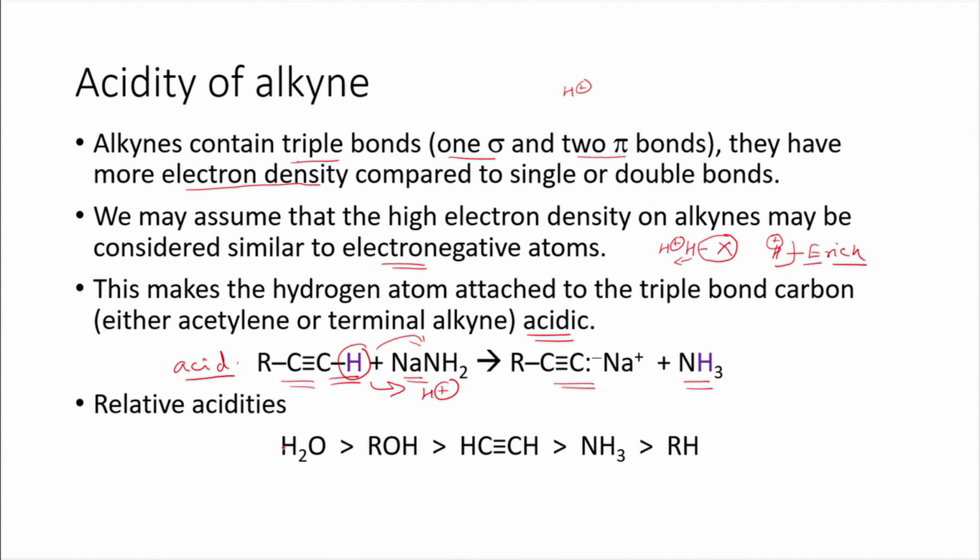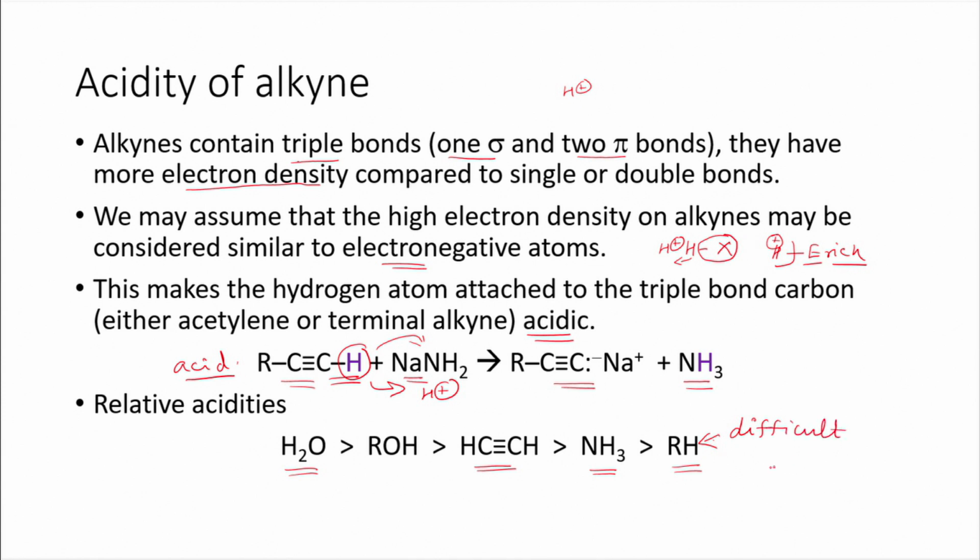And when we look at the relative acidities, of course, water is much more acidic compared to acetylenes, and ammonia is basically a basic substance. So, this is much less acidic, and alkanes are even much less acidic. In other words, the hydrogen in the alkane is very difficult to replace.